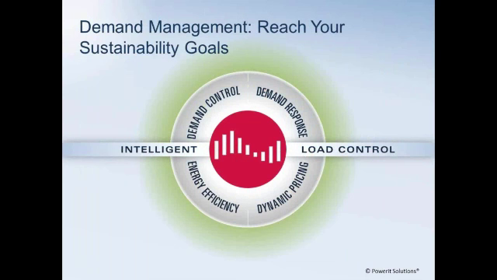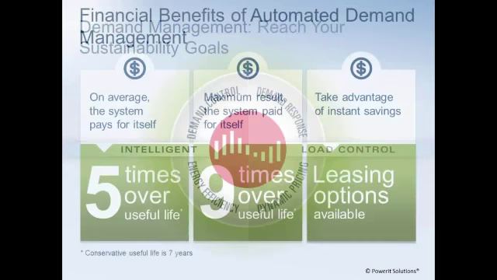You know, the demand management, reaching and having sustainable goals, you can do that through demand control. You can do it through dynamic pricing. You can do it through demand response, and then through energy efficiency. The SPARA product can interface and do all of those things.